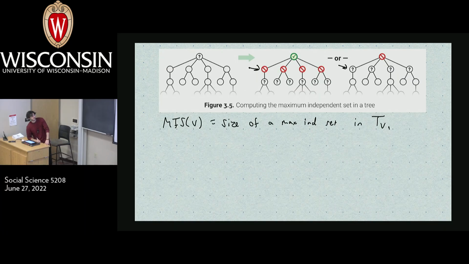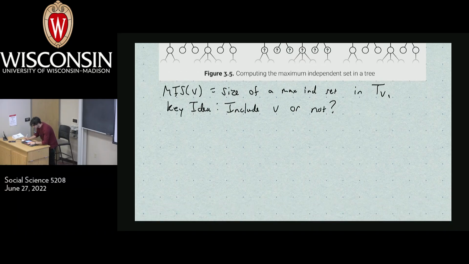Then we have the option: we can decide, do we want to include the root or not? So the key idea is to include the root, which is V, or not.